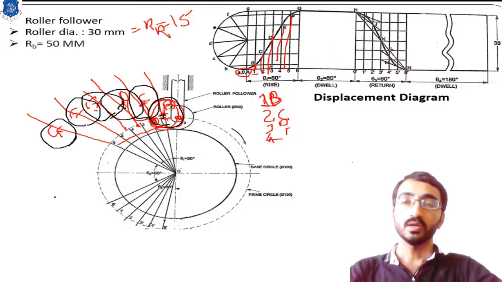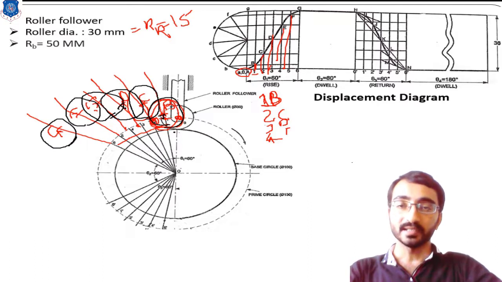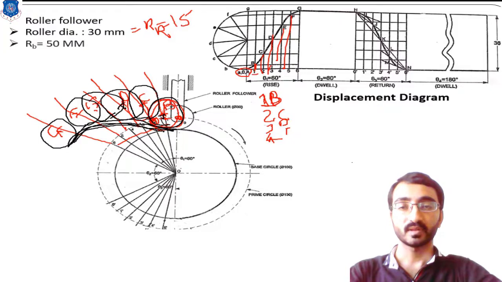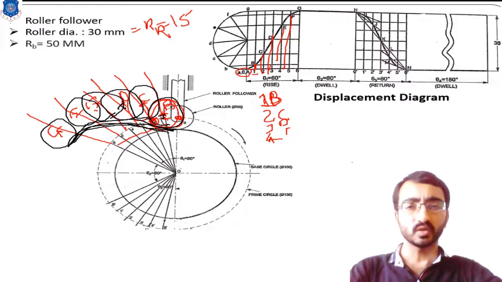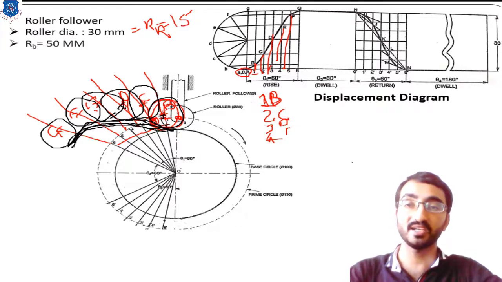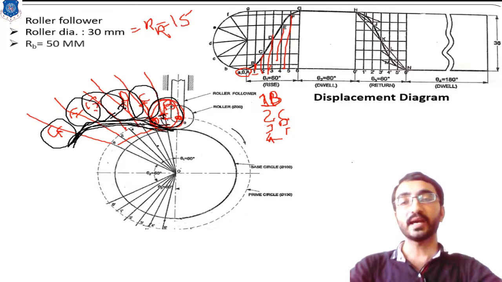Now by joining a tangent line along the bottom, this line is representing your cam profile for theta 1. Getting this? By joining this tangent line along the bottom of each and every roller which is making contact with this line, you will get the cam profile for the theta 1 section.